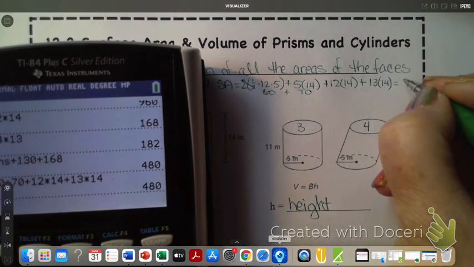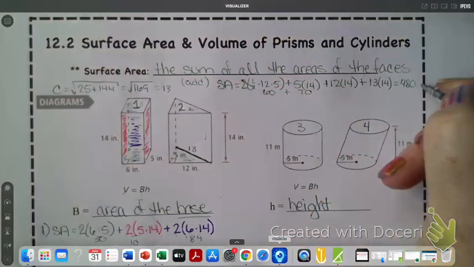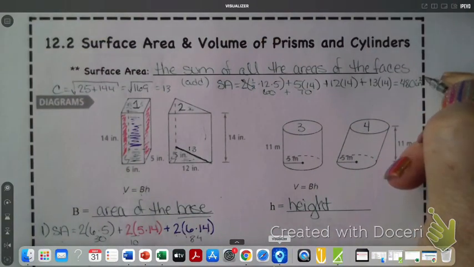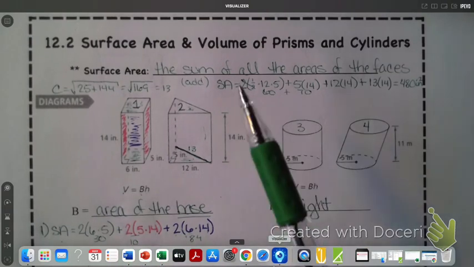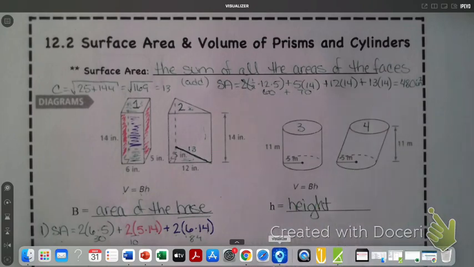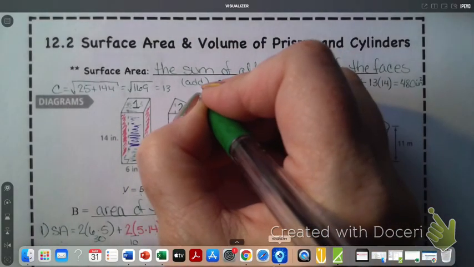And you get 480 inches squared. So, did this one take a little longer to do because I didn't have all duplicate sides? Yeah, but all I did was add up all the areas of the faces, didn't I? That's it. So now I need the what?